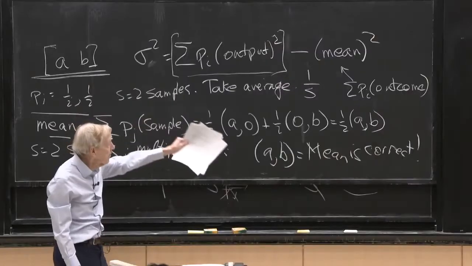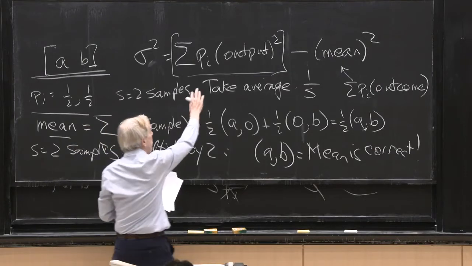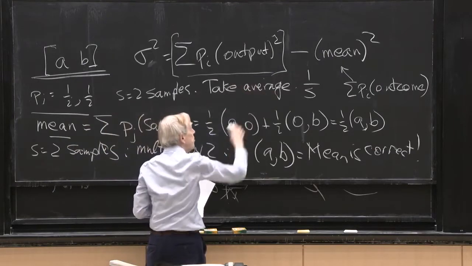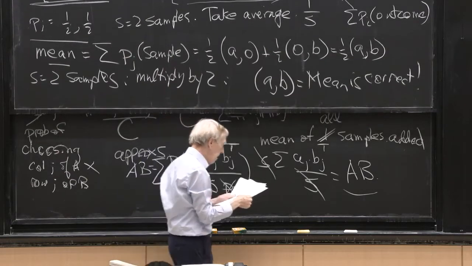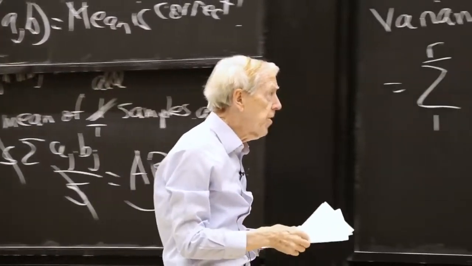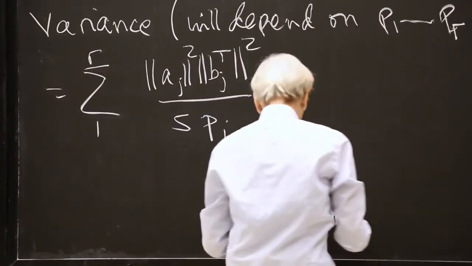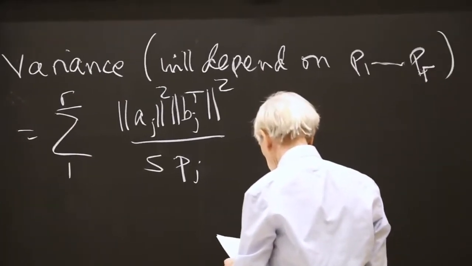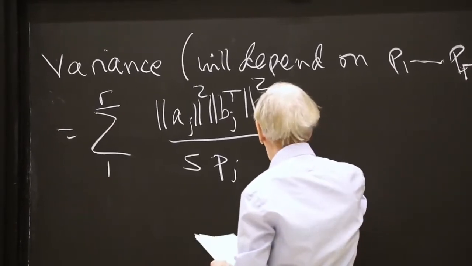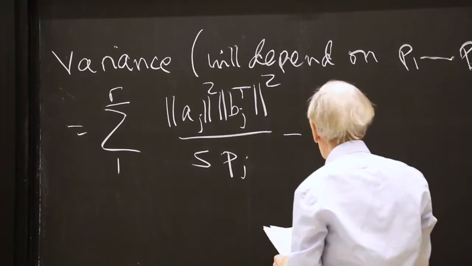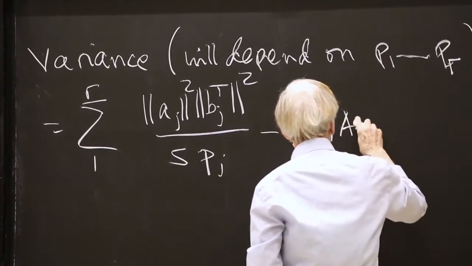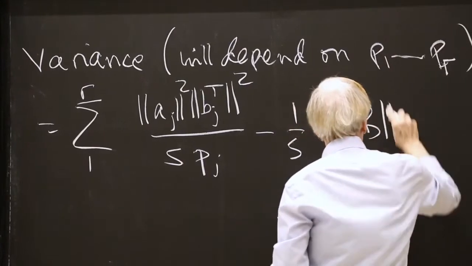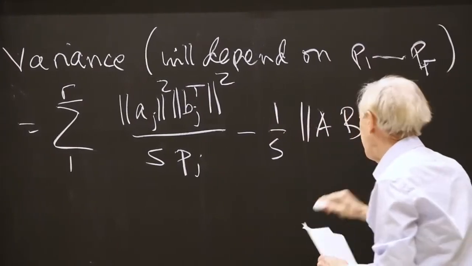So what I've computed now is this first bit, and then I should subtract the mean squared. And this is for one sample. So the mean squared, I think it turns out to be 1 over s times AB squared in this Frobenius norm.